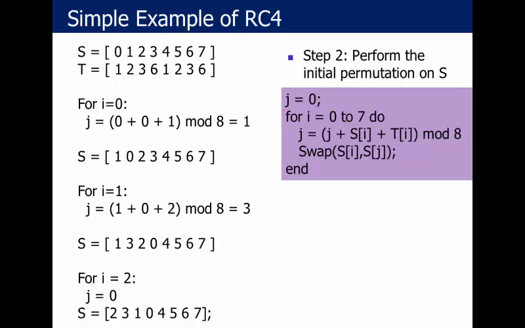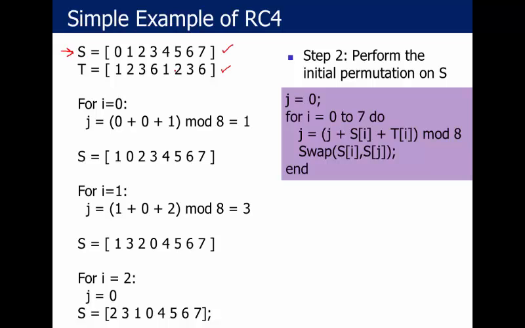One more time. Okay, this is the given state vector. This is the key. We call that temporary vector T. So finally, whatever we have, this state vector will be used to generate the key.